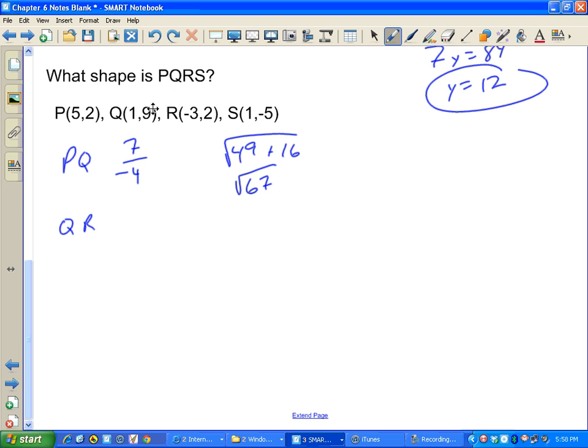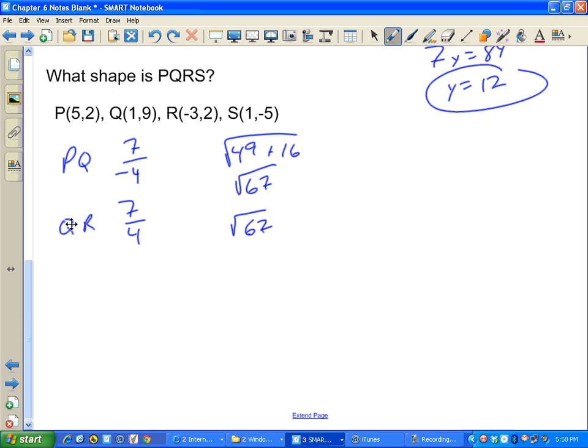Let's do QR. The slope is going to be 7 over 1 minus negative 3, which is 4, so 7/4. And its distance is going to be the same as what I just had.